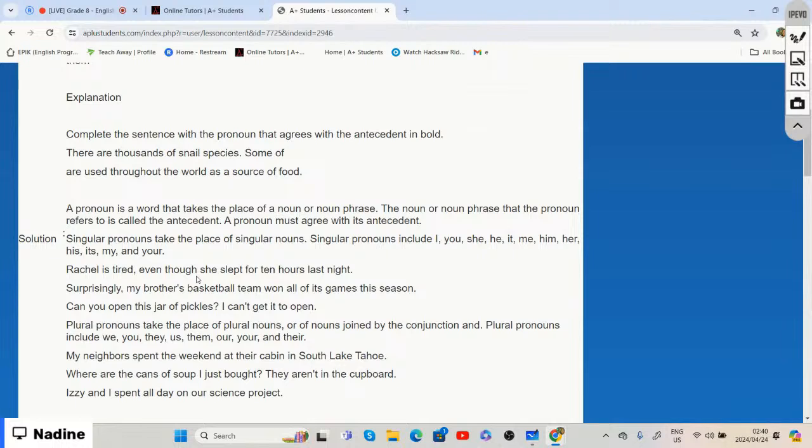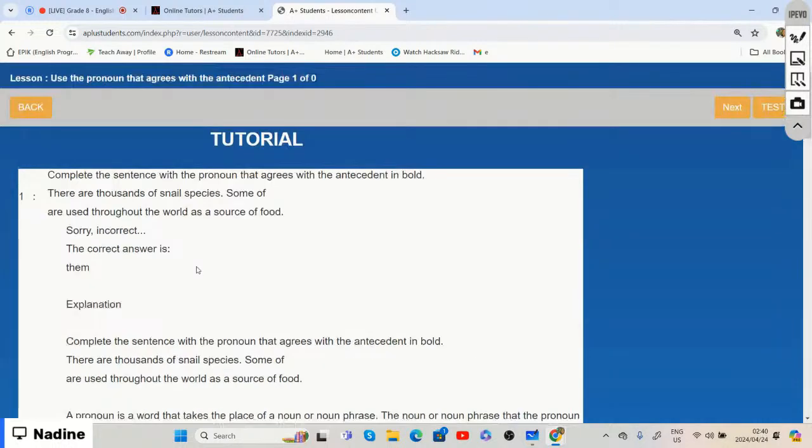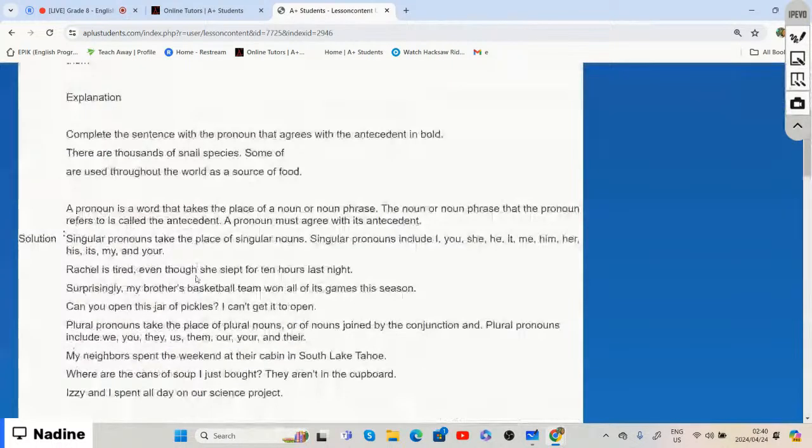All right. So now we are going to use the pronoun that agrees with the antecedent. The pronoun is a word that takes the place of a noun or noun phrase, and the noun or noun phrase that the pronoun refers to is called the antecedent.